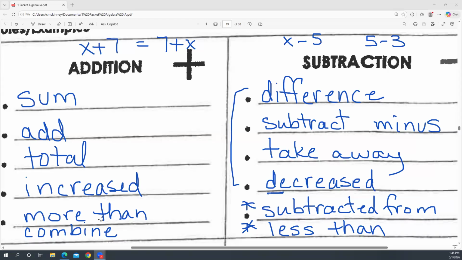But for these last 2, we'll handle those in a minute because it does make a difference. If I said the difference in between 5 and 3 or 3 and 5, the sign would be different. So like having $5 and spending $3, you still have $2 left. But if you only have 3 and you try to spend 5, you don't have $2 left. You owe $2. So that's different.